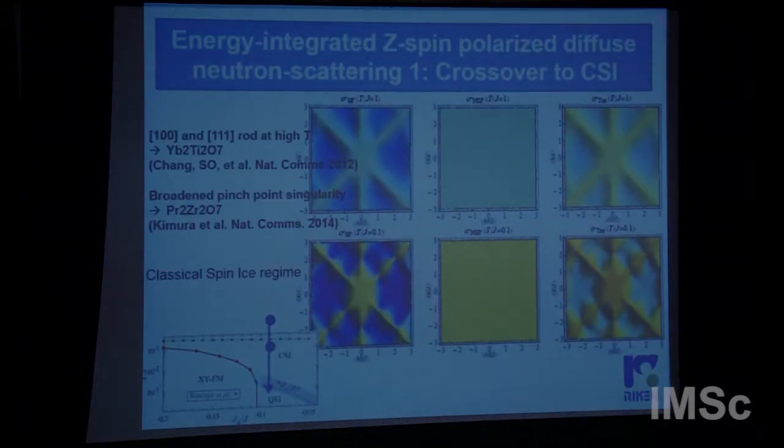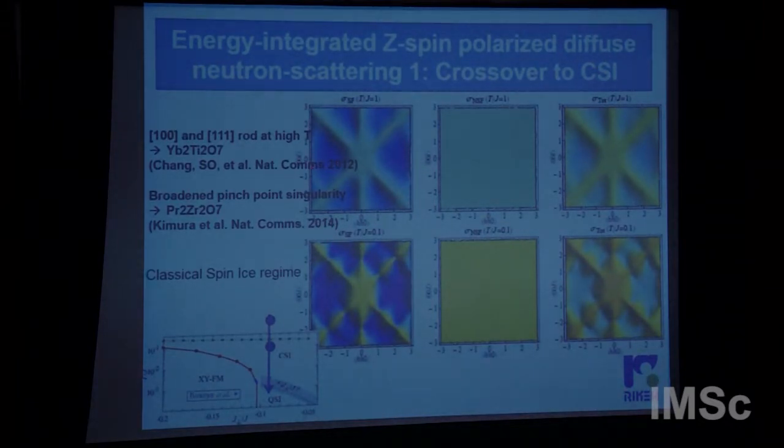I already mentioned that photon excitations may appear in the lowest temperature regime here. But this must be checked more seriously. And here we computed neutron scattering cross sections, which has already been introduced by the previous speaker.